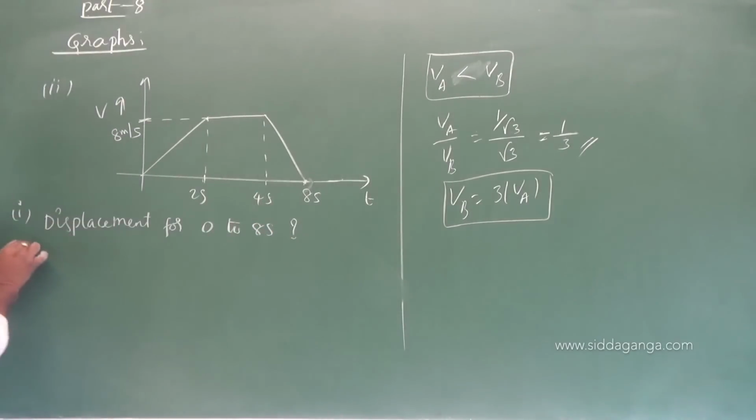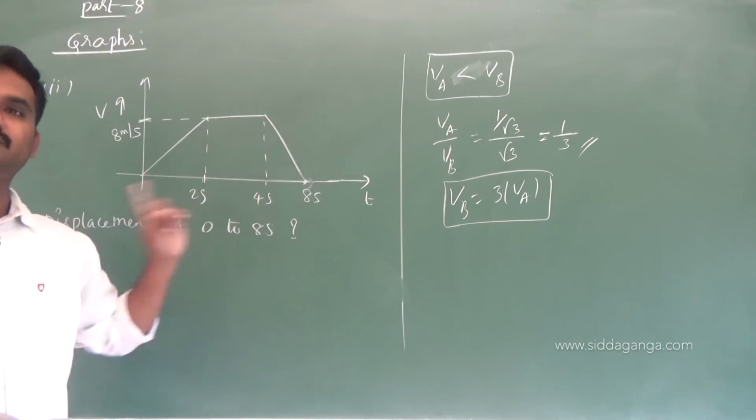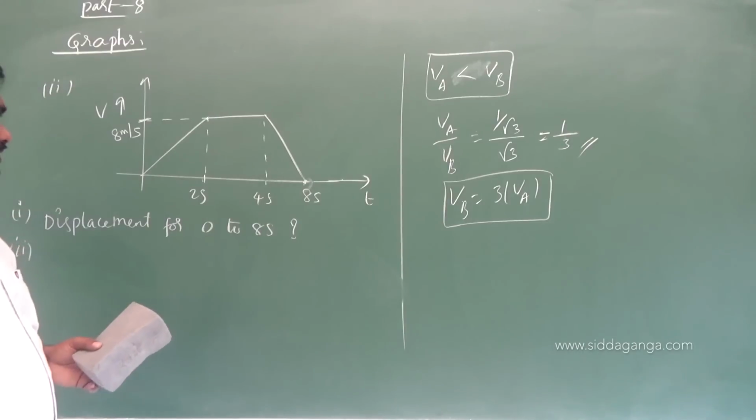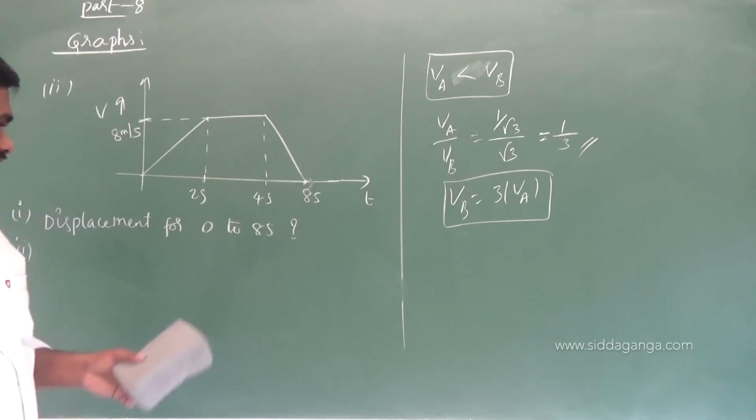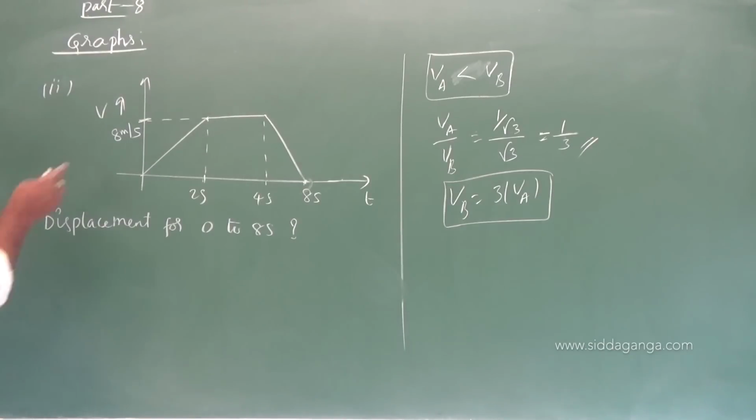Second is distance traveled. I think here distance and displacement are both the same. Why? Because velocity is in the same direction all throughout; the velocity is positive. Somewhere if you get velocity negative, then it will be in the opposite direction. So no doubt in that. I'll show that example also, how to solve for it.